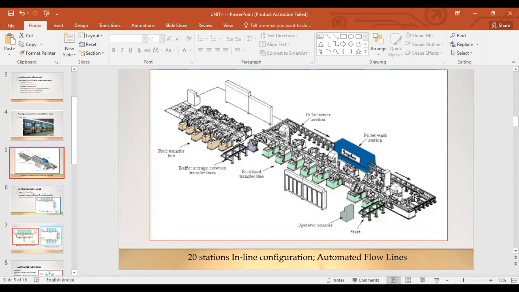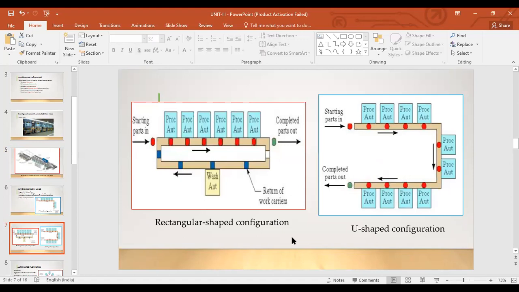If they are connected, then yes, it's a rectangular one, otherwise it's an inline, because it's not very clear. And the other thing is your U-shaped configuration. It depends on the factory space limitations and the orientation of the machines also, as I said.